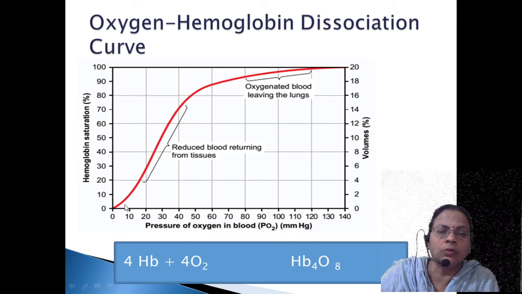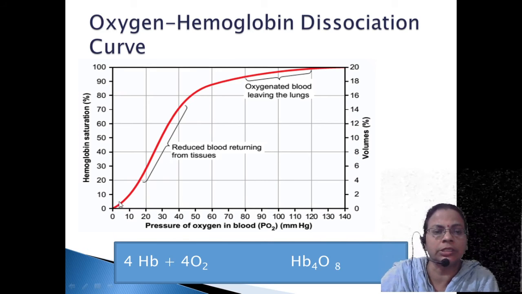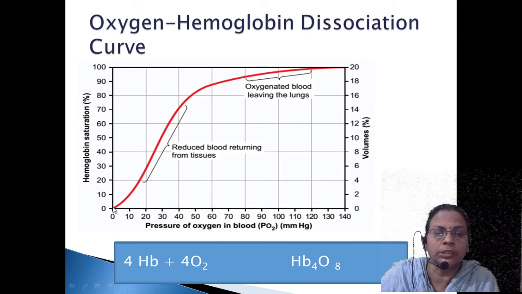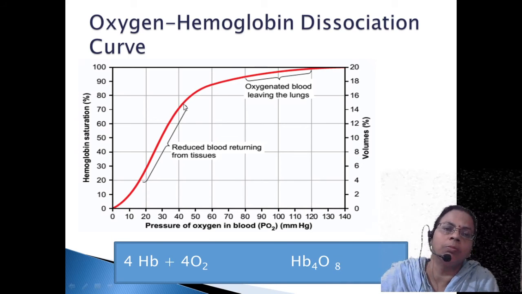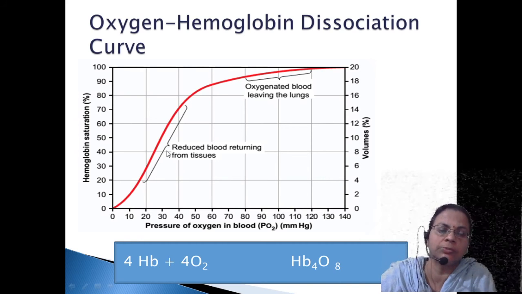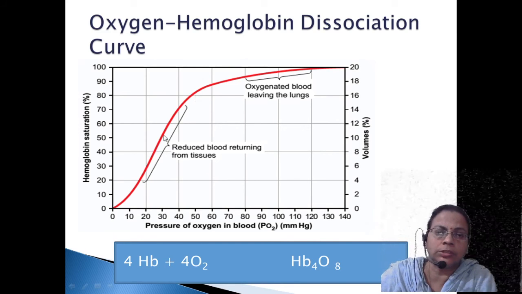In the oxygenated or reduced blood returning, the partial pressure of oxygen is less, which means carbon dioxide will be more. So the hemoglobin will gradually dissociate.